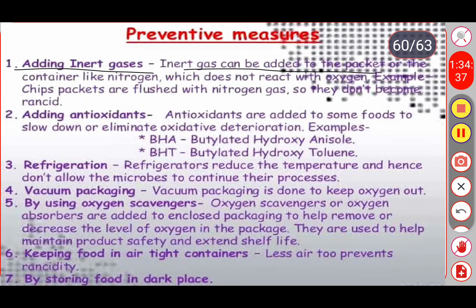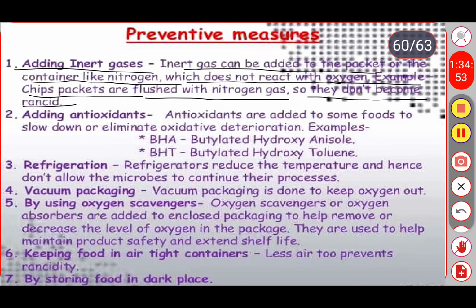Second one, adding antioxidants. Antioxidants are added to some foods to slow down or eliminate oxidative deterioration. Examples, BHA and BHT.